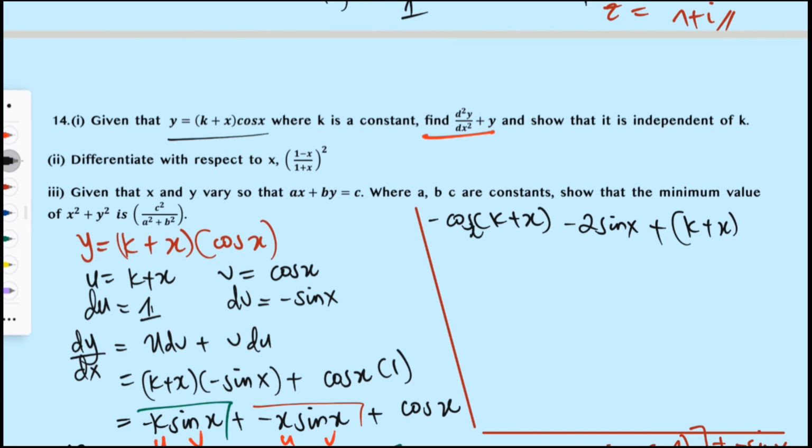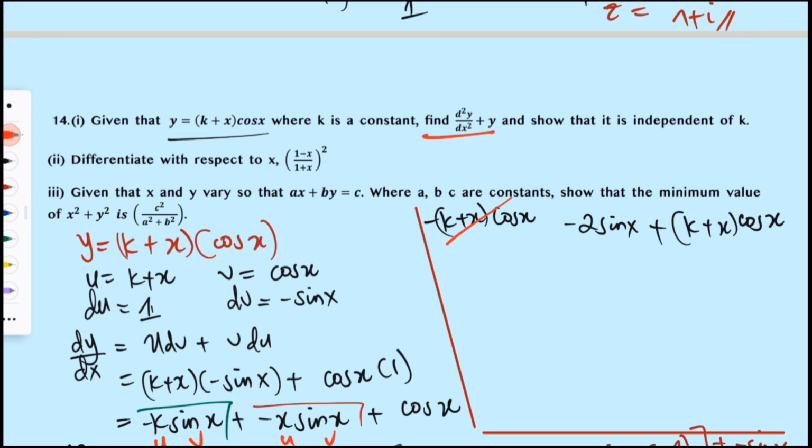This is supposed to be cos x over here. I'm just saying so because even if you reverse it, it should give you the same value. So let me just reverse the order in which I'm writing it: k plus x, cos x, because I factored out the cos x, right?